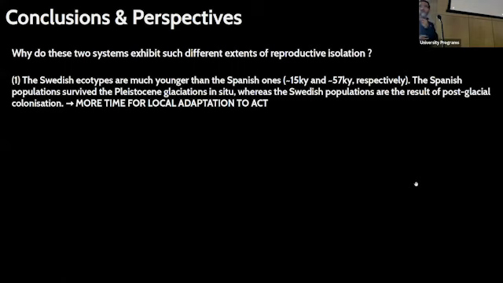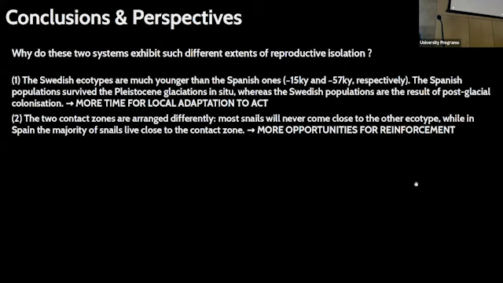Well, first of all, as I said, there's time. It seems that the Spanish ecotypes are older than the Swedish ones, probably because they survived the Pleistocene while the Swedish are very recently colonized. And so this probably gave more time for local adaptation and other things to act on the system.